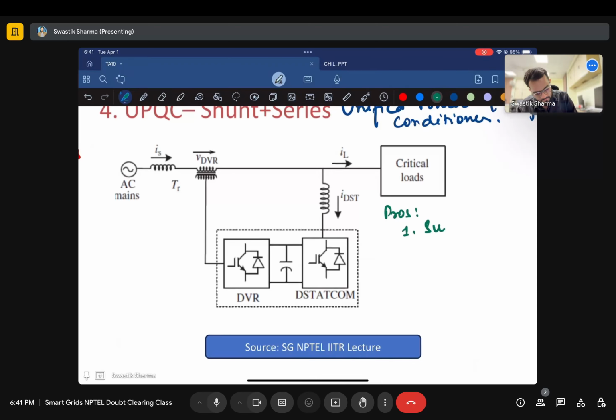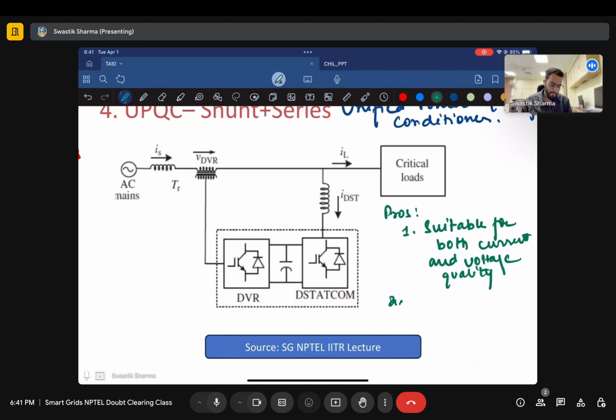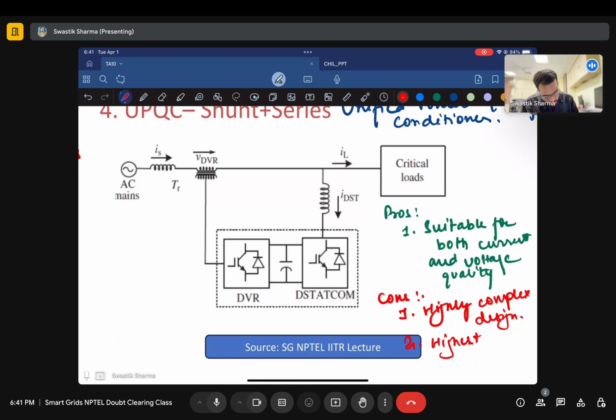And the cons: they have a highly complex design and the highest initial cost because you're using both, right?